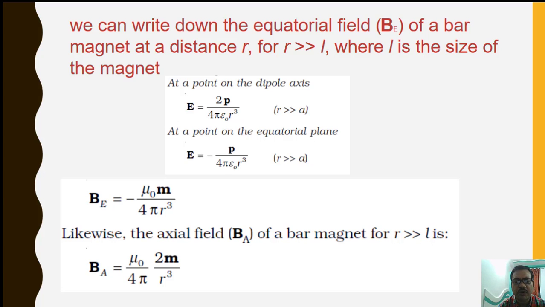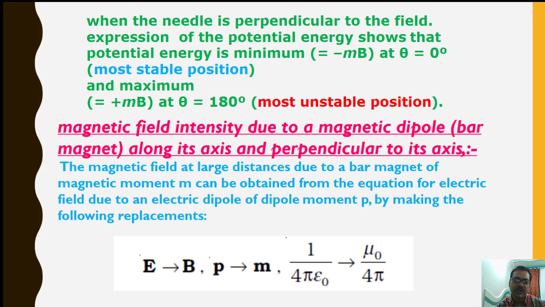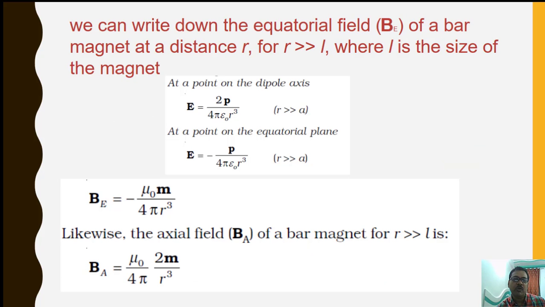Likewise the axial point field BA, एक्सिस पॉइंट के ऊपर मैग्नेटिक फील्ड बार मैग्नेट के कारण क्या होगा, उसका एक्सप्रेशन में भी अगर इसी प्रकार का रिप्लेसमेंट किया जाए, first one, at a point on the dipole axis E equal to 2p/4πε0 r cube, तो BA equal to what, μ0/4π 2m/r cube. सिंपल सा यहाँ पे रिप्लेसमेंट करना है, देखिए, E replaced by B, p replaced by m, 1/4πε0 replaced by μ0/4π.